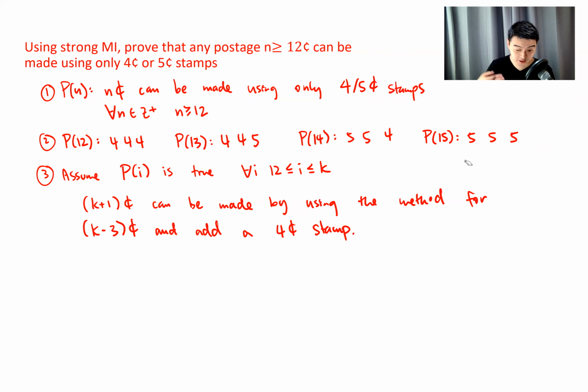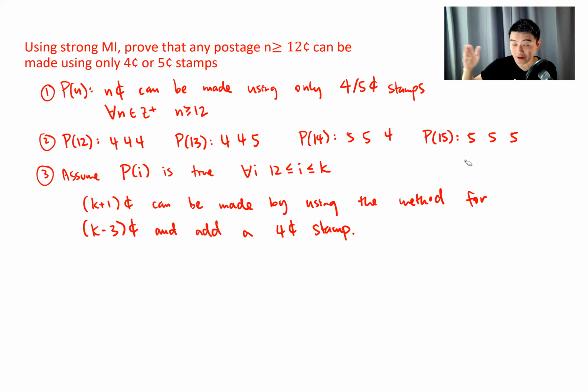So there is actually another argument here that involves 5 cents. So if I say P of 12, P of 13, all the way up to P of 16 is true, and then I can argue that I can look back 5 spaces and then add another 5 cent stamp, right? So how do I make 17?